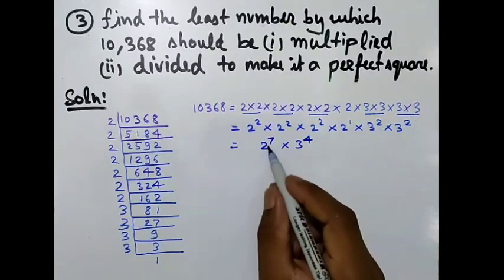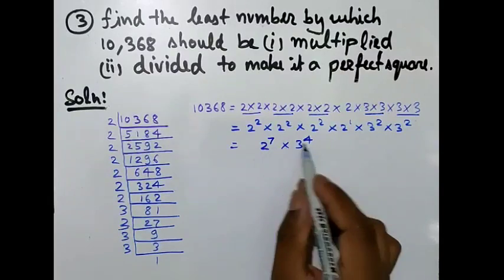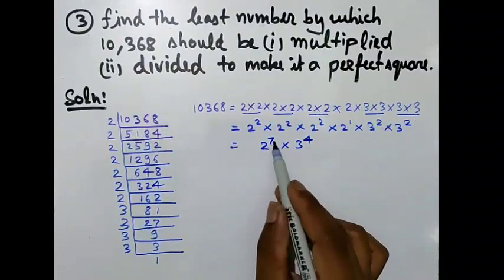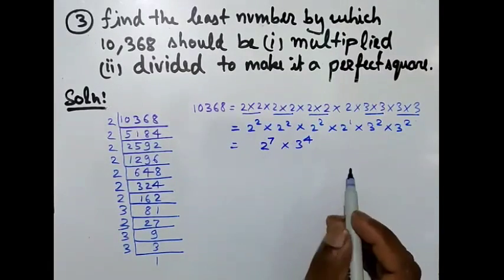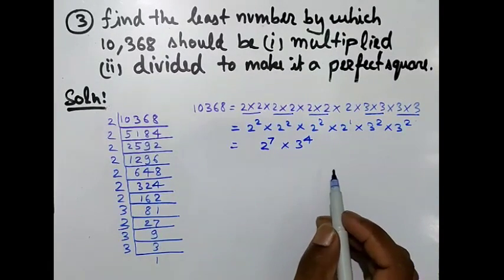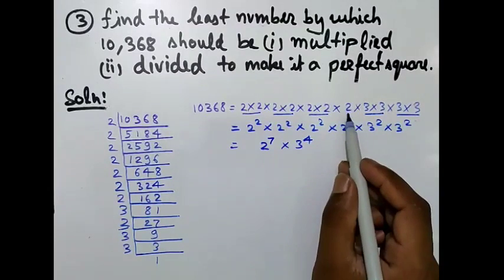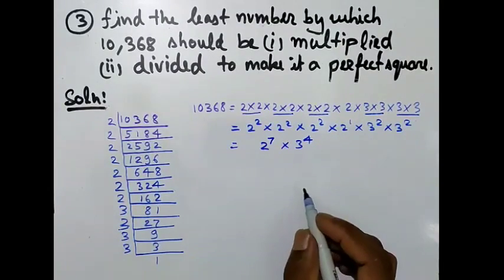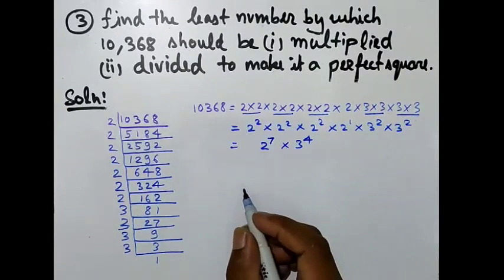Now we know that if any exponent is odd, it wasn't a perfect square. If it was 2 to the power 8, then we could have understood that this was a perfect square, because we would have got pairs here, but here one 2 is left alone, there is no pair for it. So what do we need to multiply to make it a perfect square now? 2.